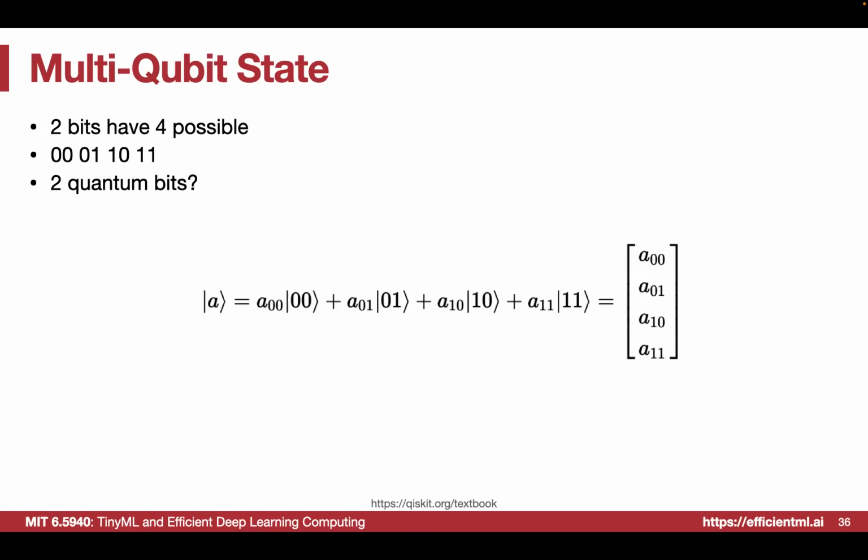The first thing I want to emphasize is that in classical computation, if we have 2 bits, we have 4 combinations: 0, 0, 0, 1, 1, 0, and 1, 1. At one time, all the memory cells in your cell phone can only be in one state. It cannot be any of the combinations between them.